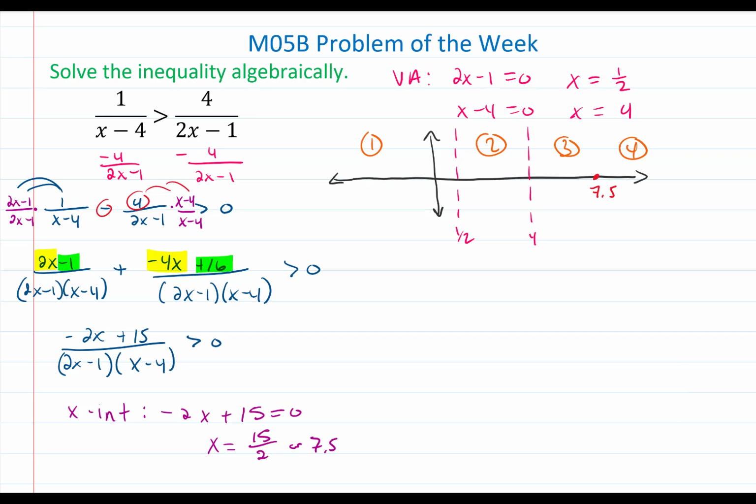Now, what we need to do next is test values in each interval. I'm going to choose 0 for my first interval, 2 for my second interval, 5 for my third interval, and 10 for my last interval. I'm putting these into the function negative 2x plus 15 over 2x minus 1 times x minus 4.